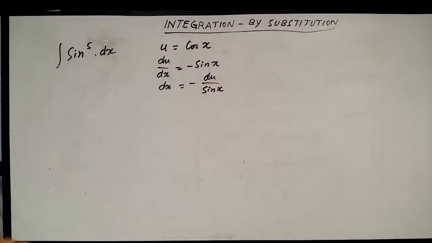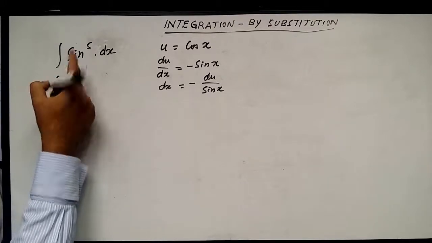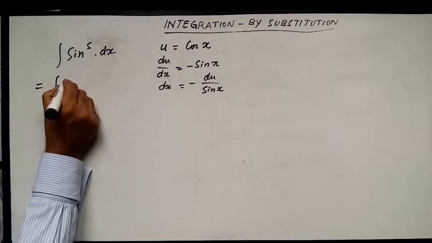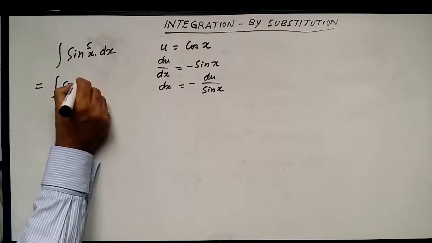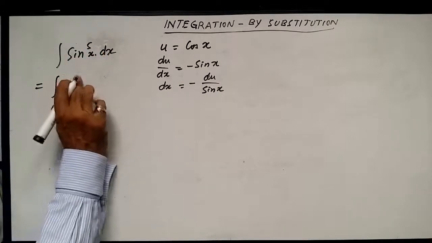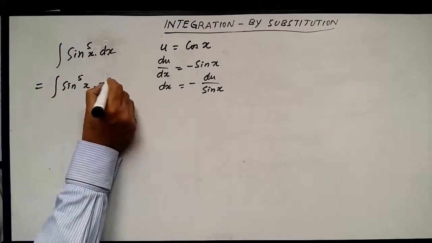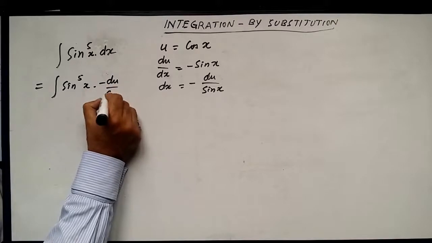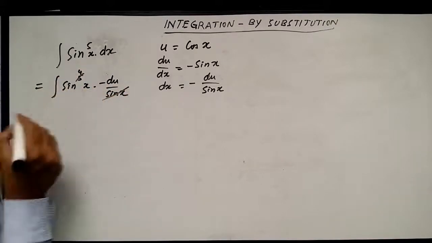Now sine to the power 4x, sine to the power 5x, dx is replaced by minus du by sine of x. So this one will cancel with this. I am left with sine to the power 4 x.